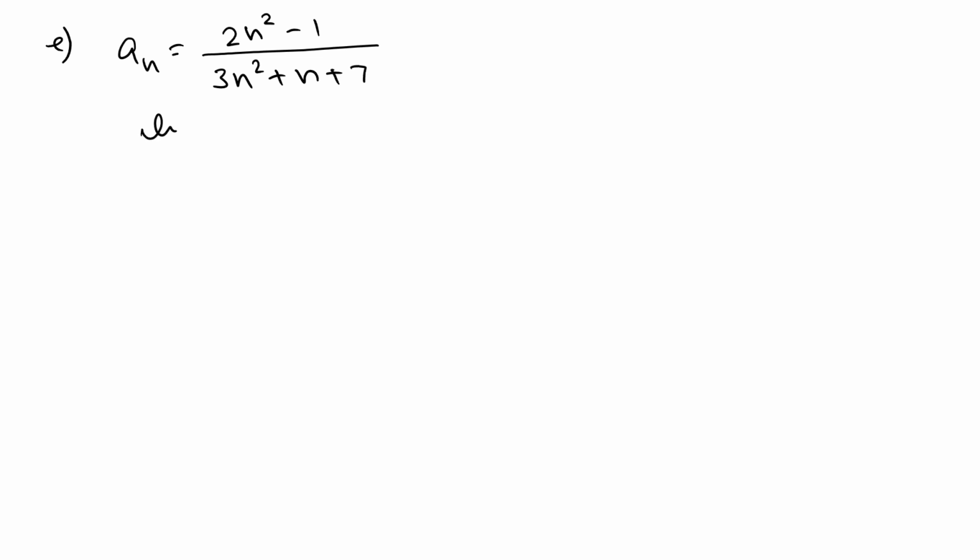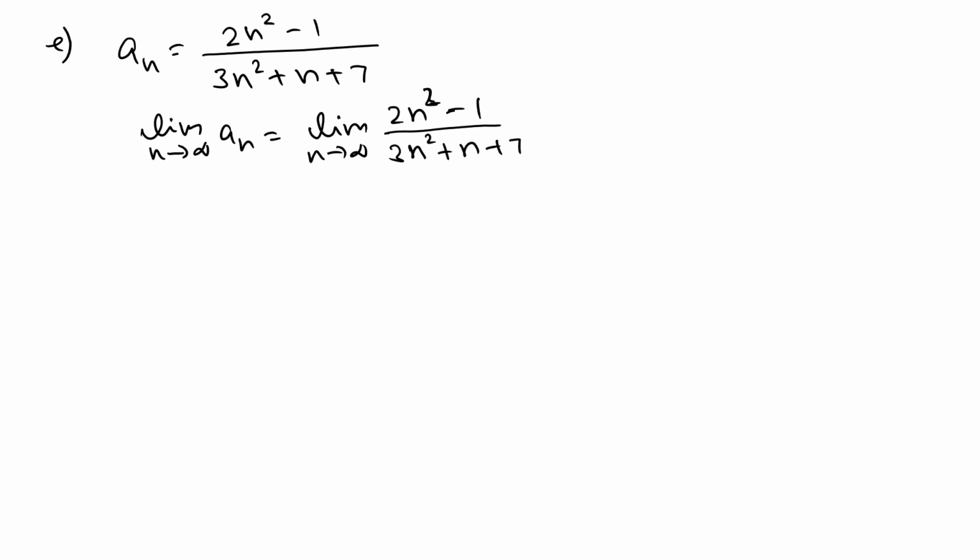So the limit as n goes to infinity of a_n is the limit as n goes to infinity of (2n squared minus 1) over (3n squared plus n plus 7).